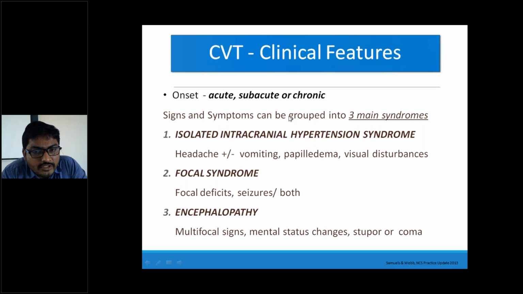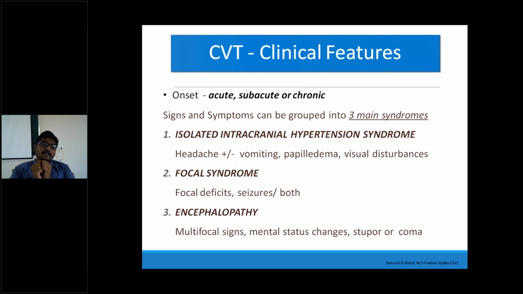Onset can be divided into acute, subacute, and chronic. Isolated intracranial hypertension syndromes present with headache, vomiting, papilledema, visual disturbances, right? So what is the triad of intracranial hypertension?